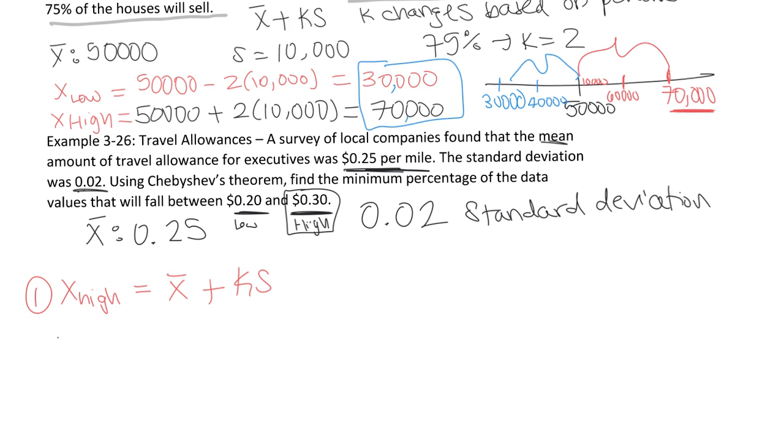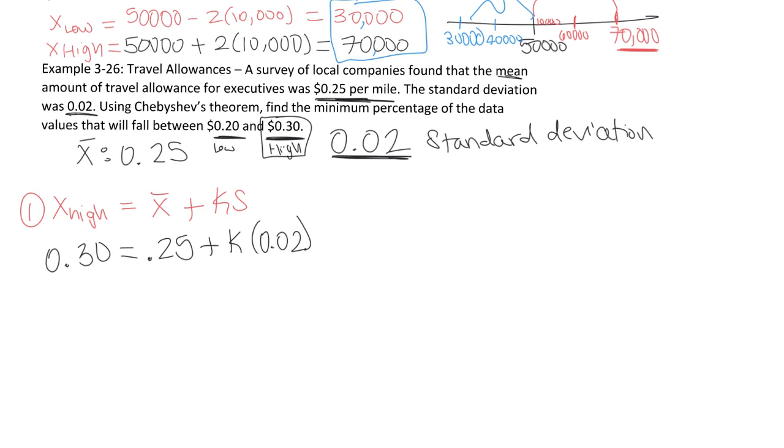So 0.30 will go here. The average is 0.25. And then we have plus K times the standard deviation, which is right here at 0.02. So that's my formula set up on the high value.